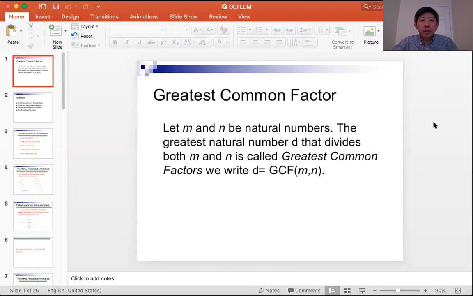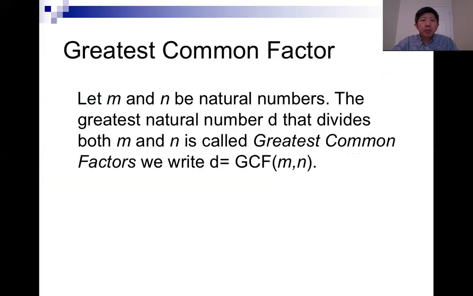All right, here is the greatest common factor, and here is the definition. Here, we let m and n be natural numbers. The greatest natural number d that divides both m and n is called the greatest common factor, and we write d equals GCF(m, n). That's the definition.